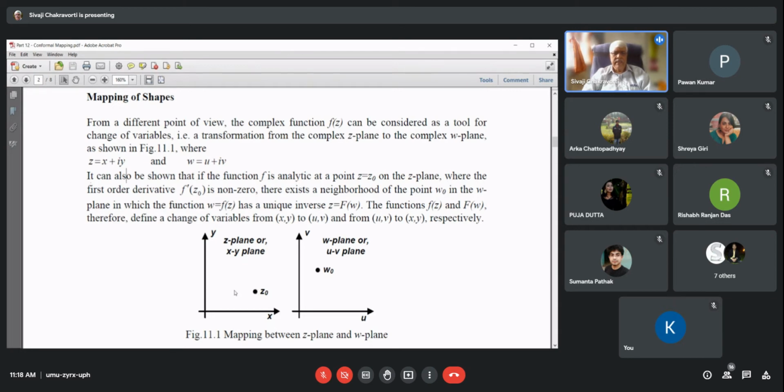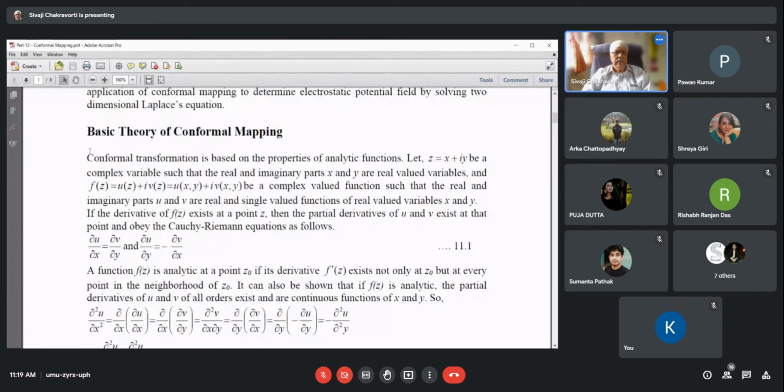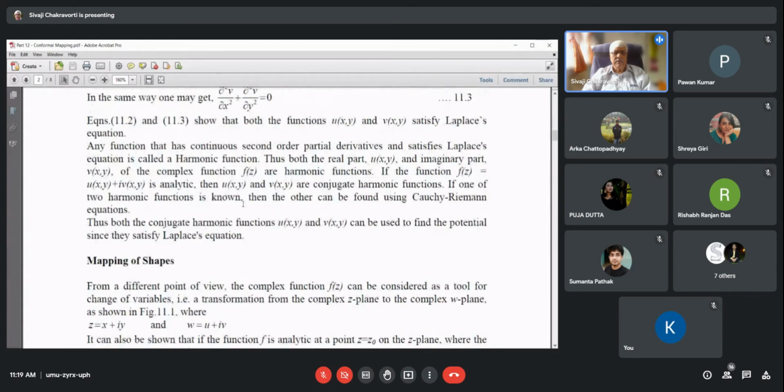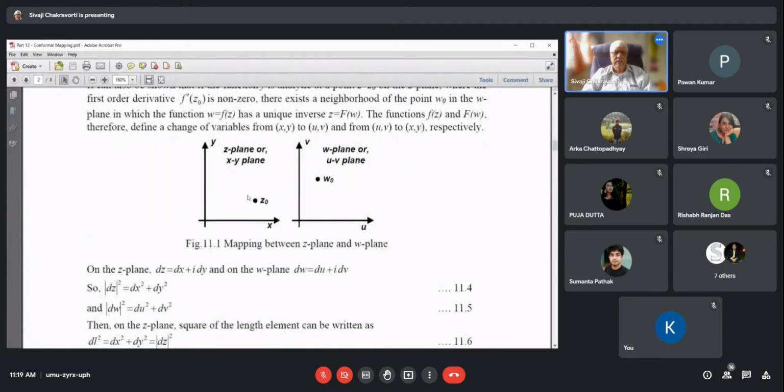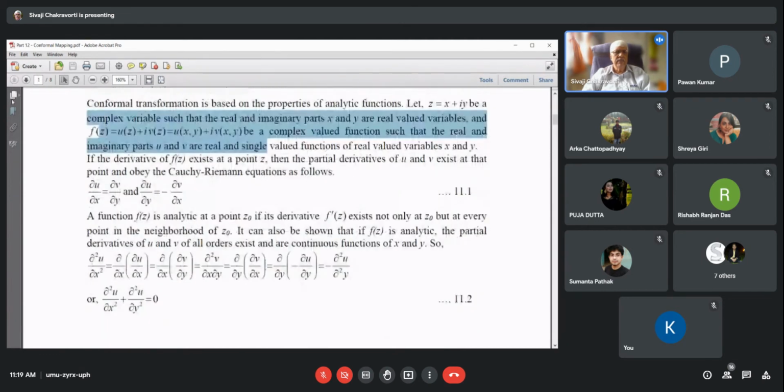And now I am saying that I have defined, as per our earlier discussion, this f(z), and then I have applied that on this black point, that is z0. Then it will go into the w plane because f(z), if you again look into it, has a real part u and an imaginary part v.